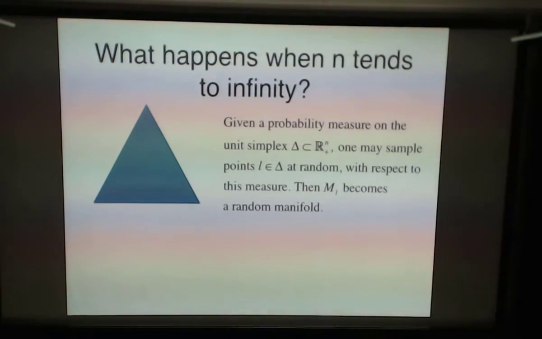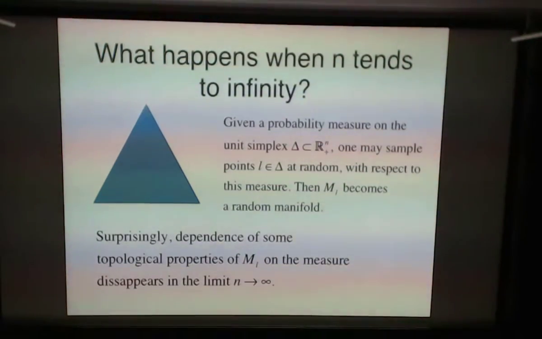We put some probability measure on this simplex, and we sample L at random with respect to this probability measure. Then once L is selected, we obtain ML, which is a random manifold of dimension n minus 3.